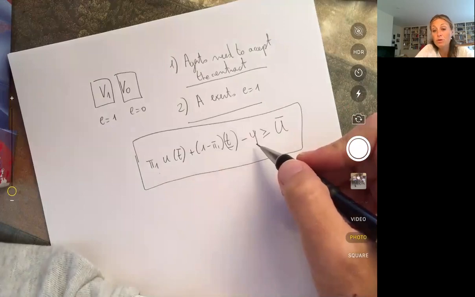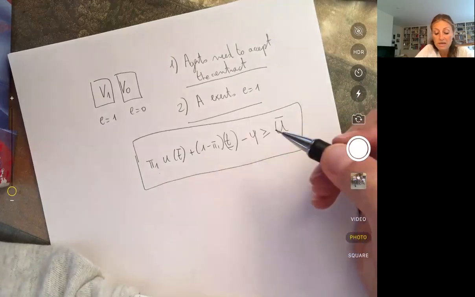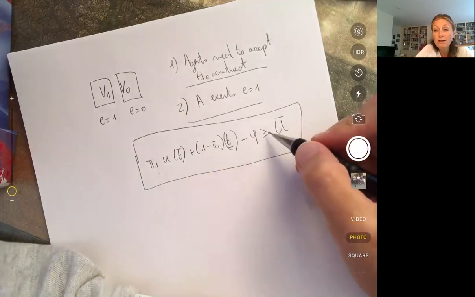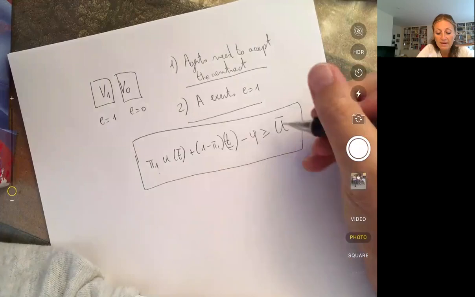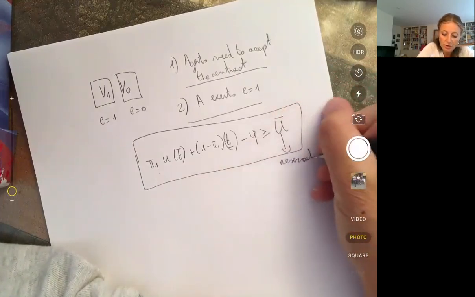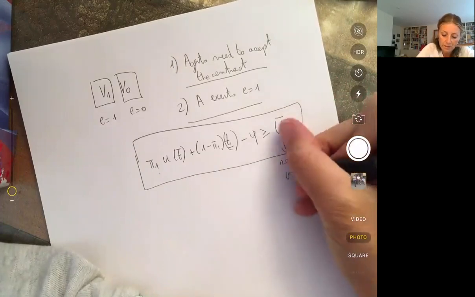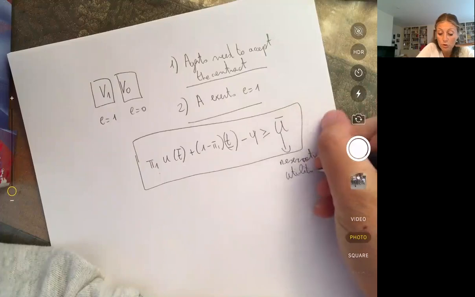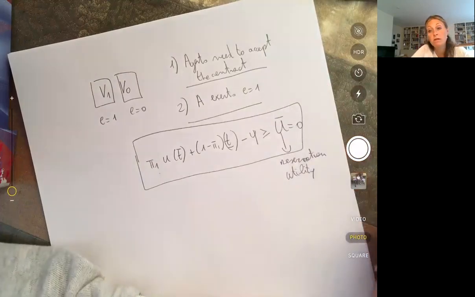that I'm going to exert to perform my task, should be no smaller than a certain reservation utility that we usually normalize to 0.